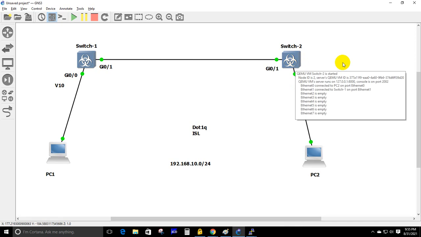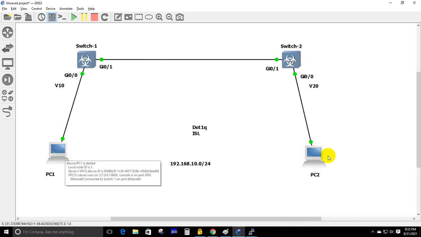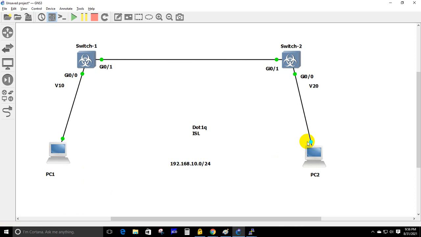Clear? Yes, sir. That's why PC1 and PC2 can communicate with each other. Both are in different VLANs, but still they can communicate, because 802.1Q supports untagged frames.